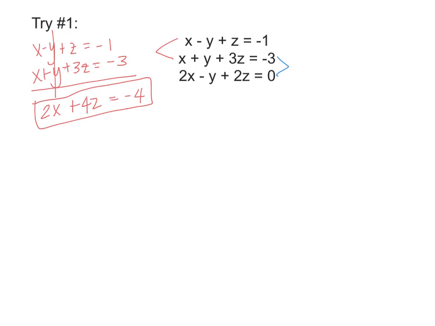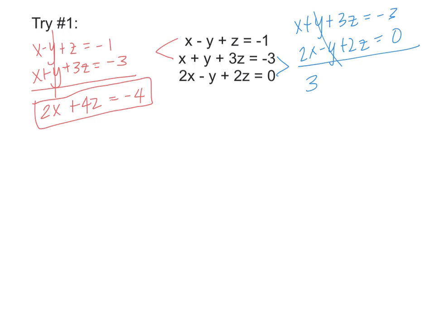Okay, I have x plus y plus 3z equal to -3, and I also have 2x minus y plus 2z equal to 0. Again, I chose to eliminate the y's on the first one, so I have to eliminate the y's on the second one, but that's good because they're already ready to be eliminated.